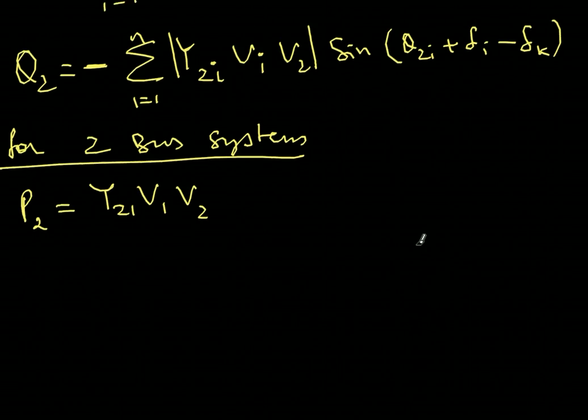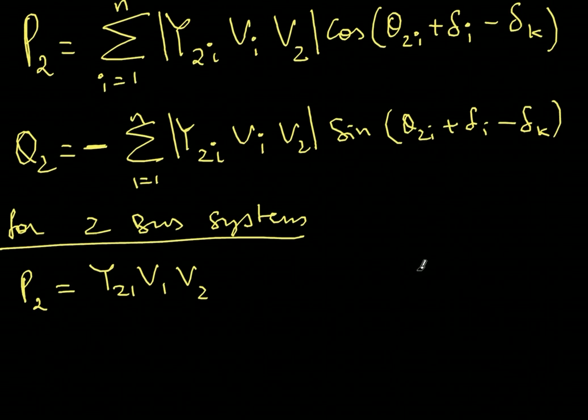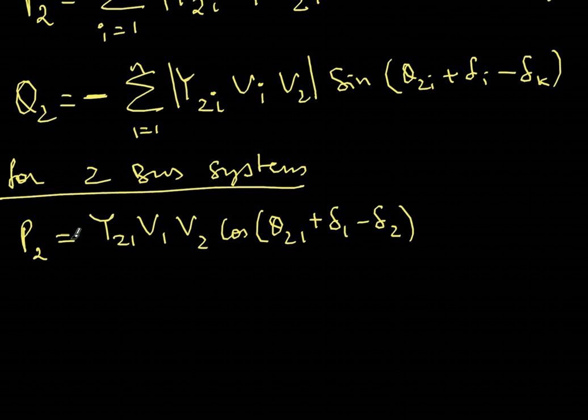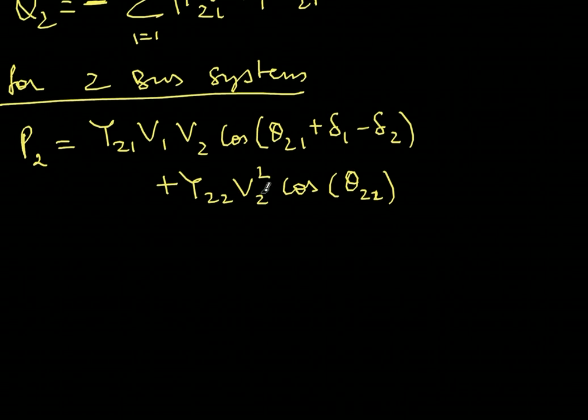So P2 is y21 V1 V2 cos of theta 21 plus delta 1 minus delta 2. This is one term. Another term will be y22 V2 squared cos of theta 22, and then delta 2 minus delta 2 will cancel each other. So this is my expression for P2.